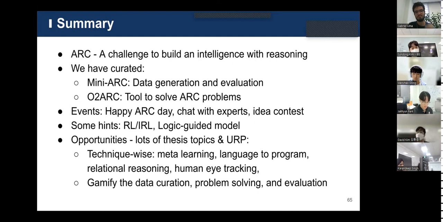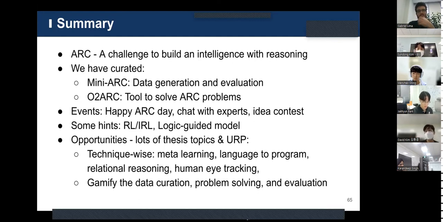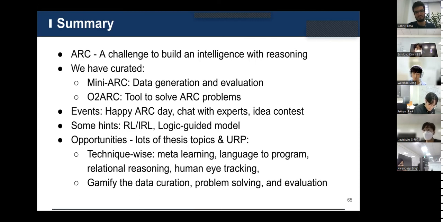And we threw several events like Happy Arc Day, and we invited some experts, one from Cornell and one from Chungnam National University, and had an enjoyable chat. Next Tuesday, we'll present our research at the idea contest in Daejeon City. And we have shared some hints to solve this problem: RL, inverse reinforcement learning, and logic guided models.